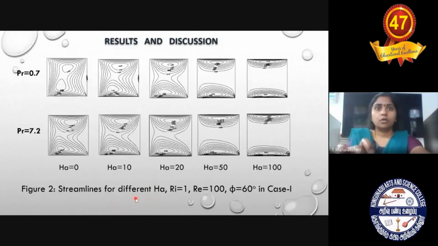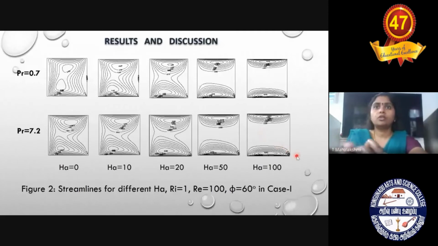See, for the magnetic field effect Ha equal to 0, we see the movement of the fluid. And when we increase the Hartmann number effect, the entire fluid motion will be completely suppressed. So once we increase the magnetic field effect in the enclosure, obviously the fluid motion will be reduced.